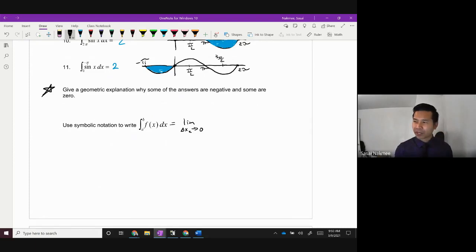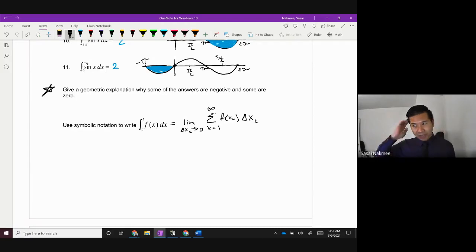The widths of your rectangles approach 0. How many rectangles do you have? Well, I'm going to have the first rectangle all the way up to the infinite rectangle of my function evaluated at whatever those delta x's are, times the delta x itself for each of these rectangles.